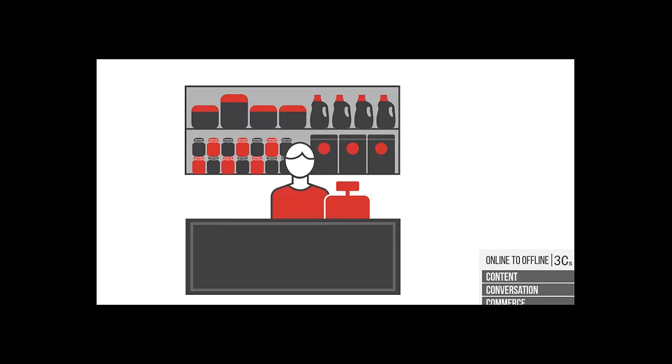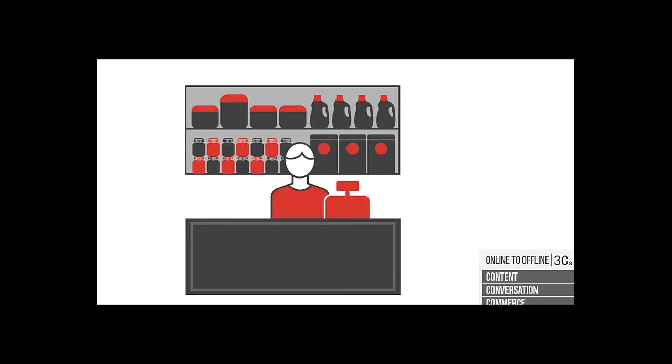As an offline store, there's nothing that stops you from delivering that kind of experience online with respect to all this information. And in that process, you first bridge the content gap between an online store and an offline store.